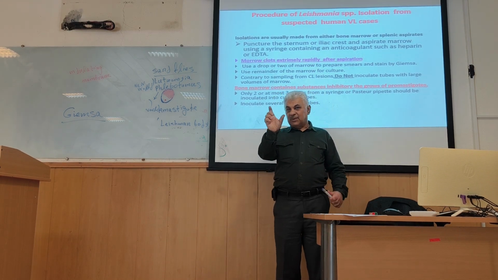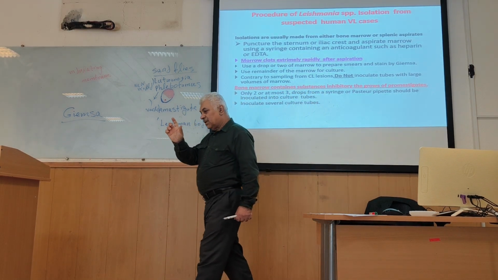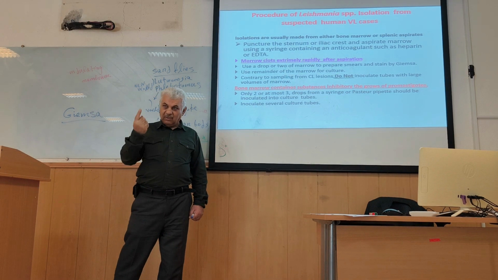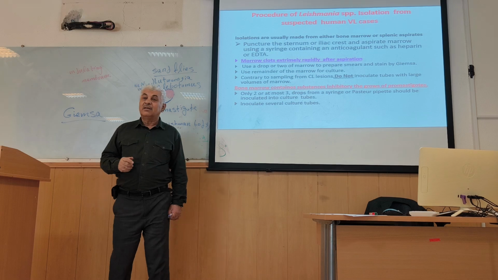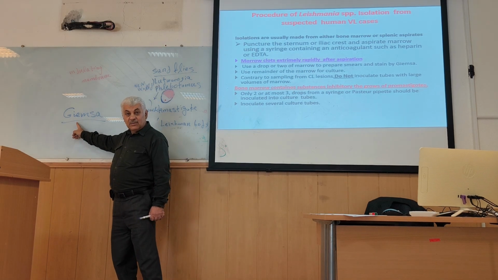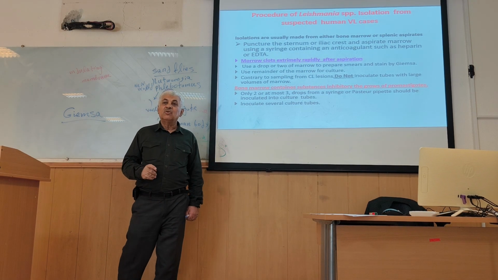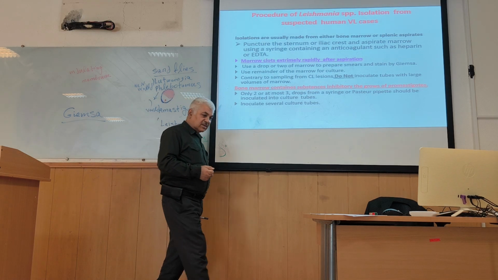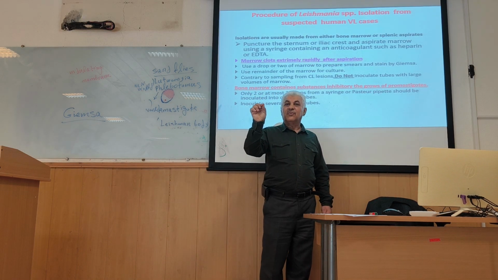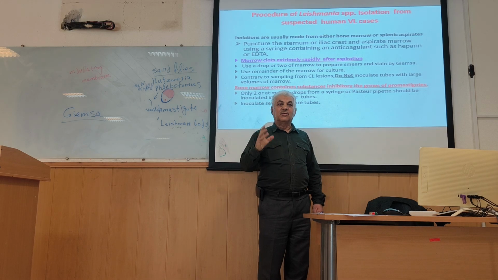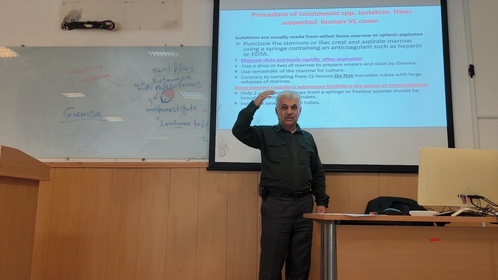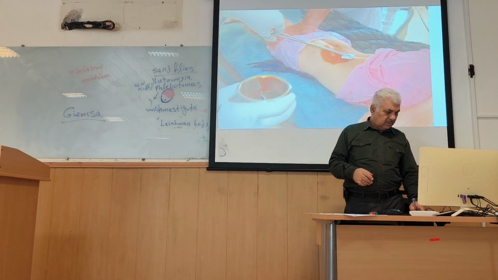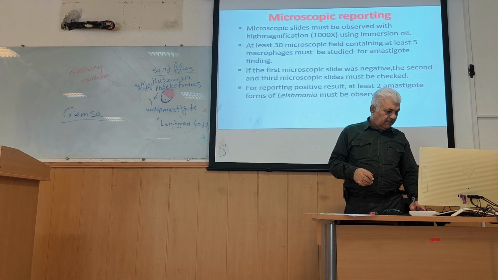So, we prepare a microscopical slide, fix it with methanol for 1 minute, and then stain with Giemsa for 20 to 30 minutes. And we can see the amastigote under a light microscope with high magnification.